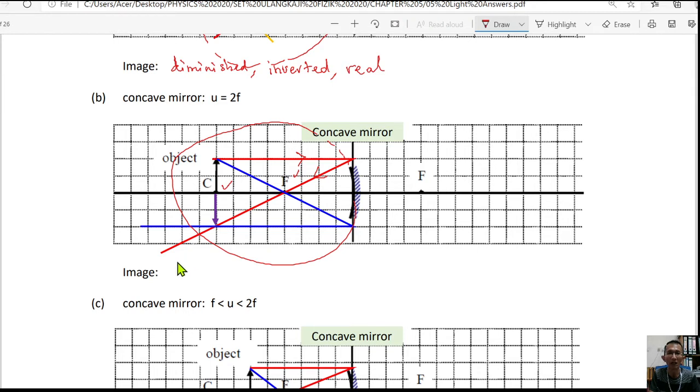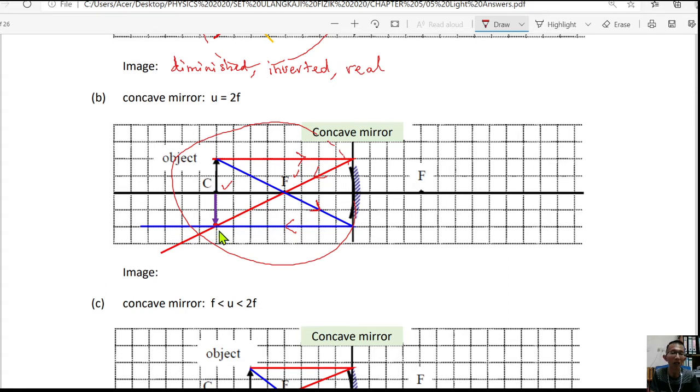And then another line, I draw it passing through my focal point. Here is the incident ray. After hitting the mirror, it will go out parallel to the principal axis. So this blue and the red line intersect at this point here.